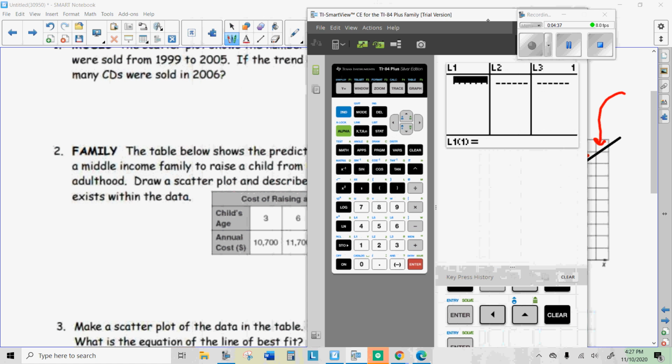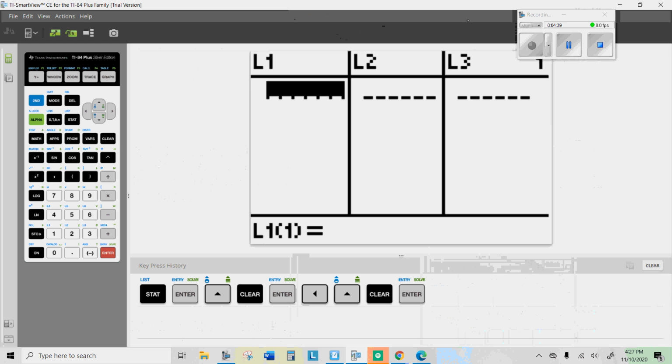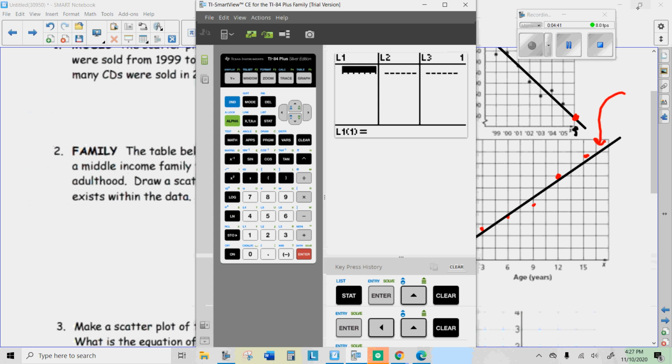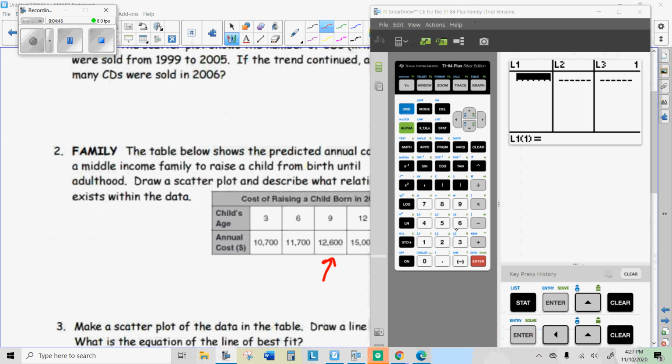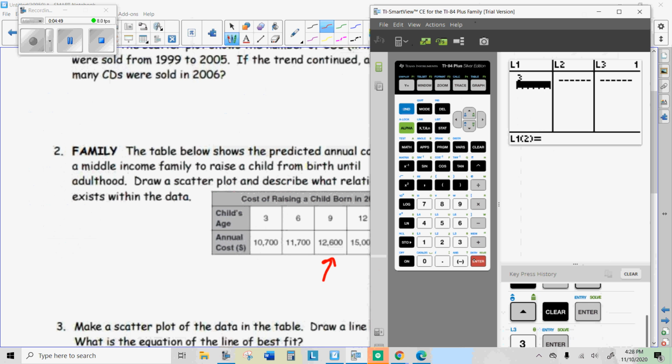Okay, so the data at age 3, so we're going to put 3, 6, 9, 12. These are the ages.